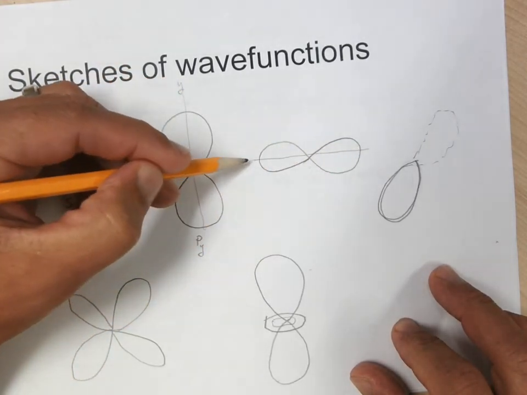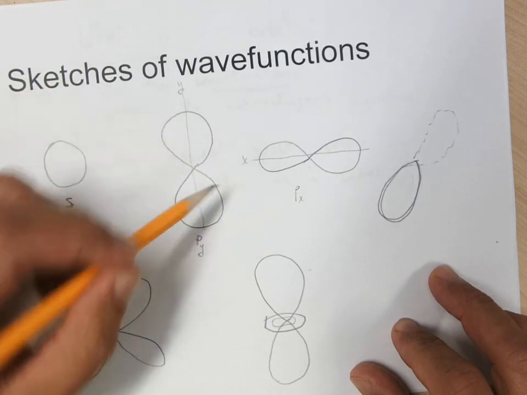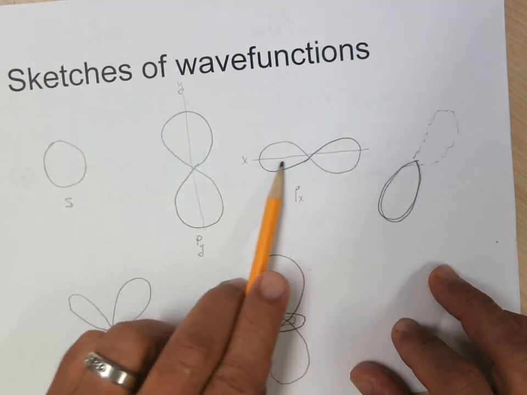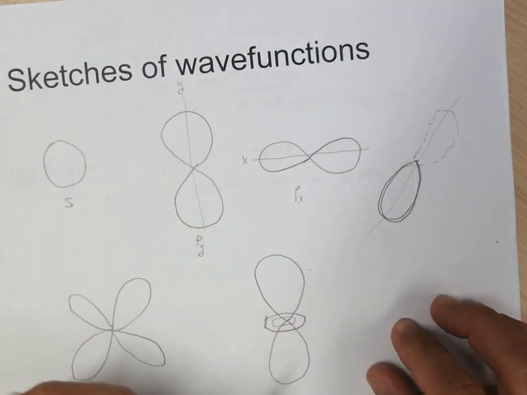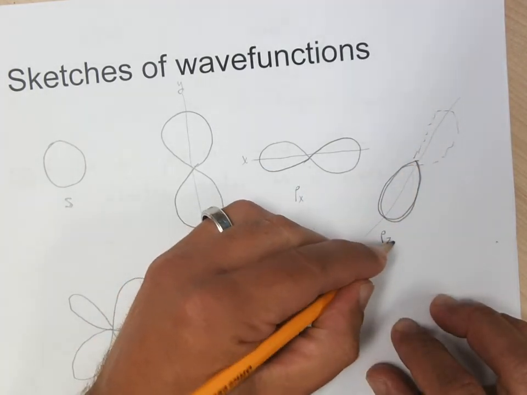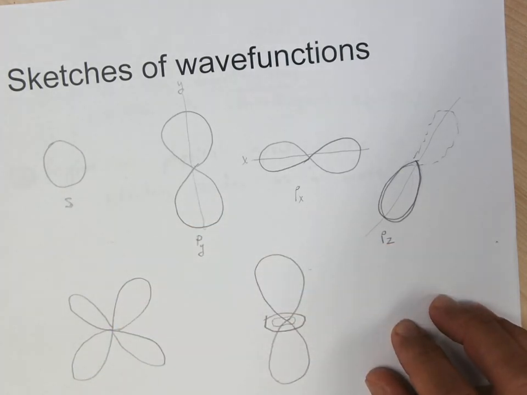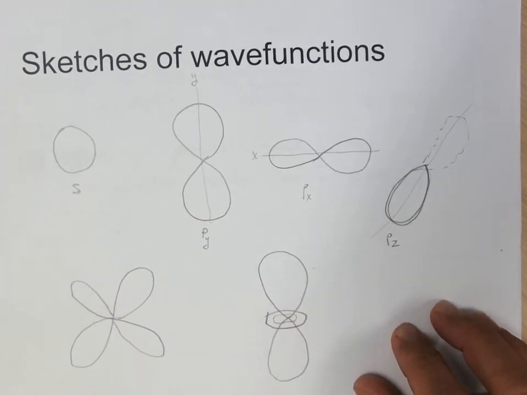This one we might call the px because it's got this p shape, but it's sitting along the x-axis, and then this perpendicular to the paper one would be the pz because it's sitting on the z-axis. So different orientations, different orbitals within a sublevel, and if you've done some quantum mechanics stuff before, this should start to click that there are 3 different p orbitals within a p sublevel. It's something you've probably heard before.